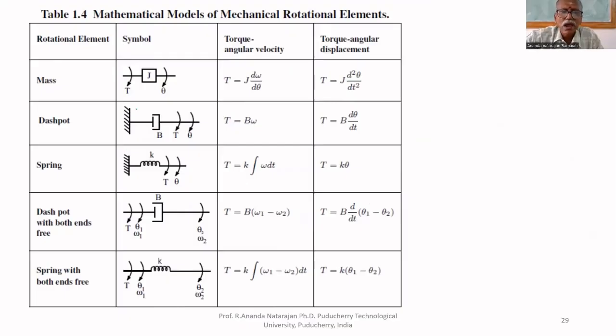Here, one end is fixed. Therefore, T equal to the applied torque equal to the reactional torque equal to J d square theta by dt square.